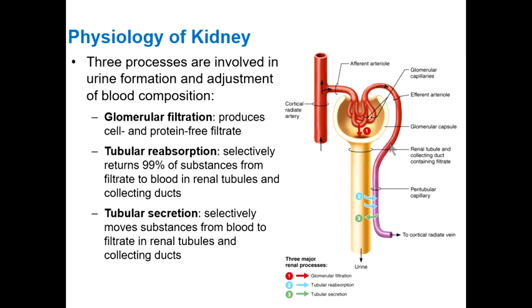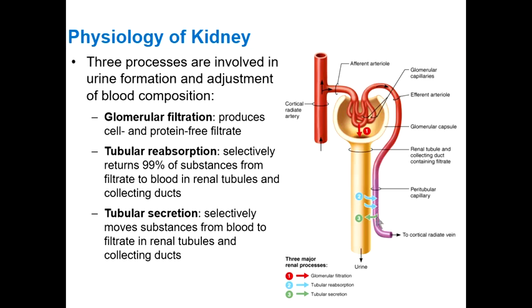So there's a lot of back and forth going on between the blood and the kidney tubules. Step 1 is blood to tubule, well, capsule and then tubule. That's glomerular filtration, where we make our filtrate. Step 2, tubular reabsorption, 99% back into the blood at the peritubular capillaries.